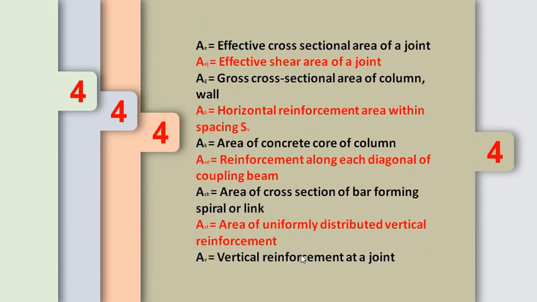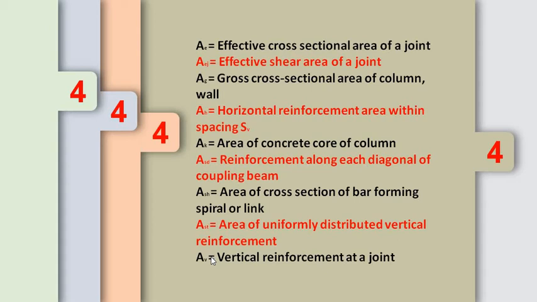These are the different symbols that are used in the standard so that the letters have a meaningful name. Like Ae is for effective cross-section area of the joint, and Av is the vertical reinforcement of the joint. During the video, I will also tell you the meaning of the different symbols. Moreover, all dimensions are in millimeter, loads in Newton, and stresses in MPa, unless otherwise specified.